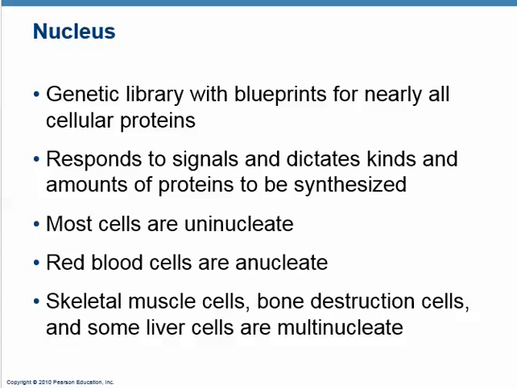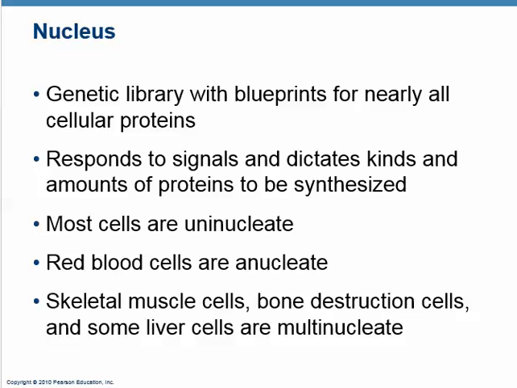Ultimately, that's all that it is. So the nucleus is a series of basically books with each gene on each chromosome being a recipe for a specific protein. Most cells only have one nucleus.